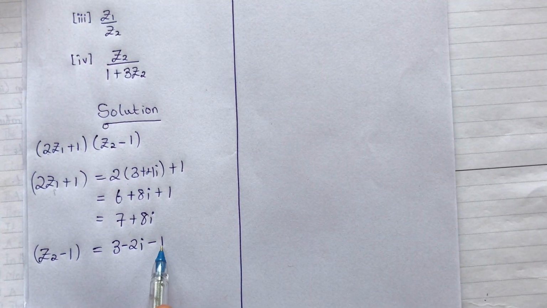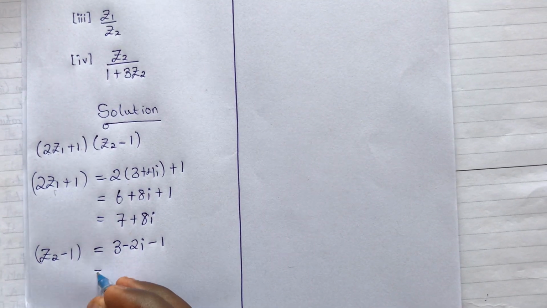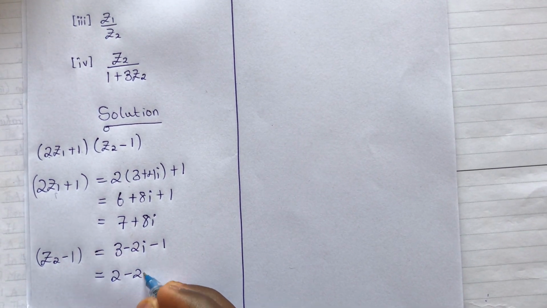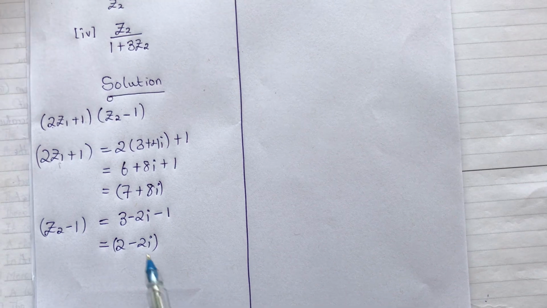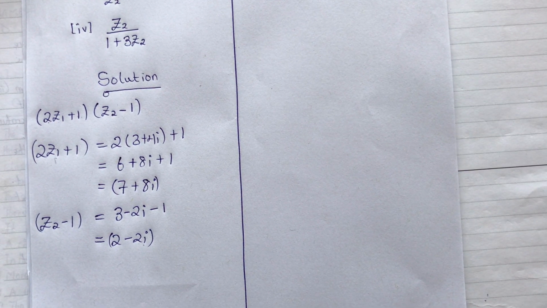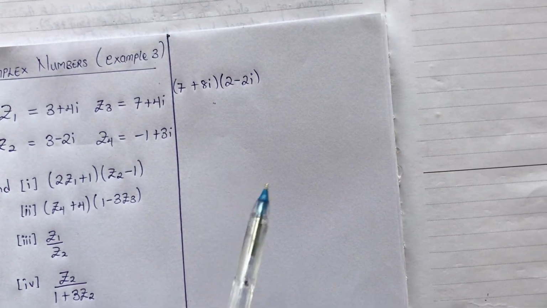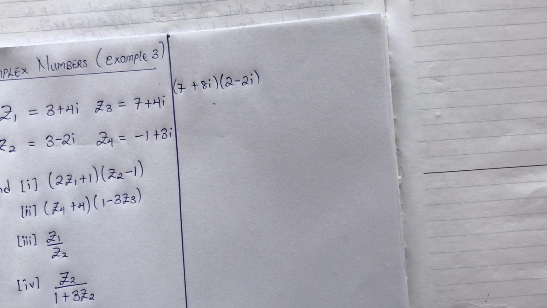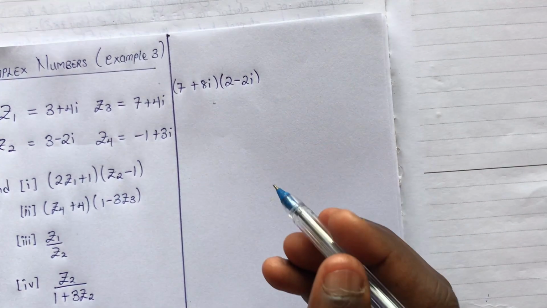So now we just need to subtract this one, and we are having 2 minus 2i. So now we can pick these two results and multiply it together to complete the calculation. So the two results were 7 plus 8i, 2 minus 2i. So we can multiply the two results to generate the final result.